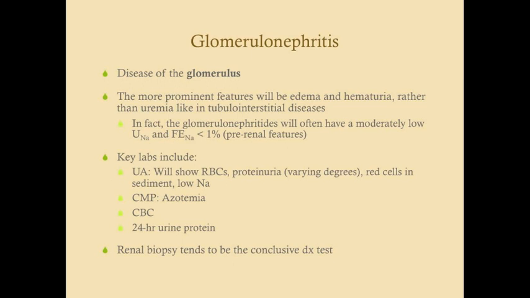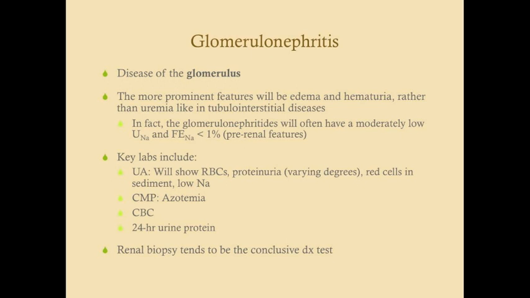When we have a disease of the glomerulus and there's inflammation there, it's going to cause the glomerulus to perceive less blood getting to the kidney itself. That's simply because there's congestion. And so you're going to have pre-renal-like features, and your urine sodium and fractional excretion of sodium will be decreased somewhat.